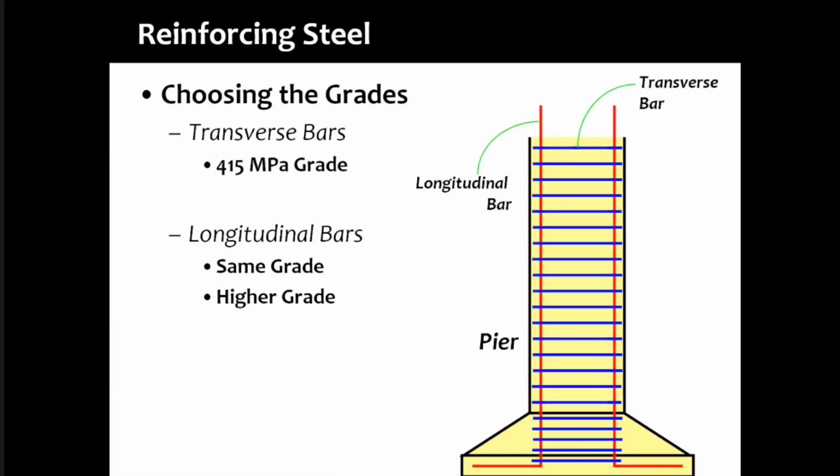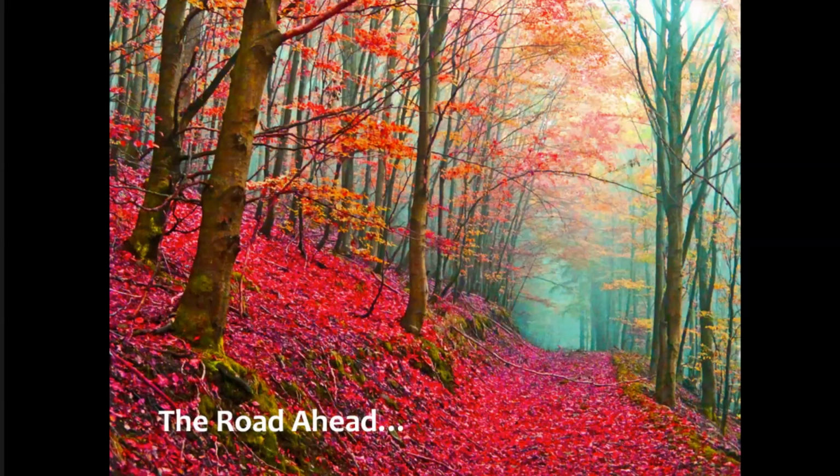So transverse bars have to be 415, at least in calculation, if not in practice. Longitudinal should be same grade as transverse. If not, it can be a little higher, but too high is also not good, because we showed you on PM interaction diagram, we will not be winning at all.